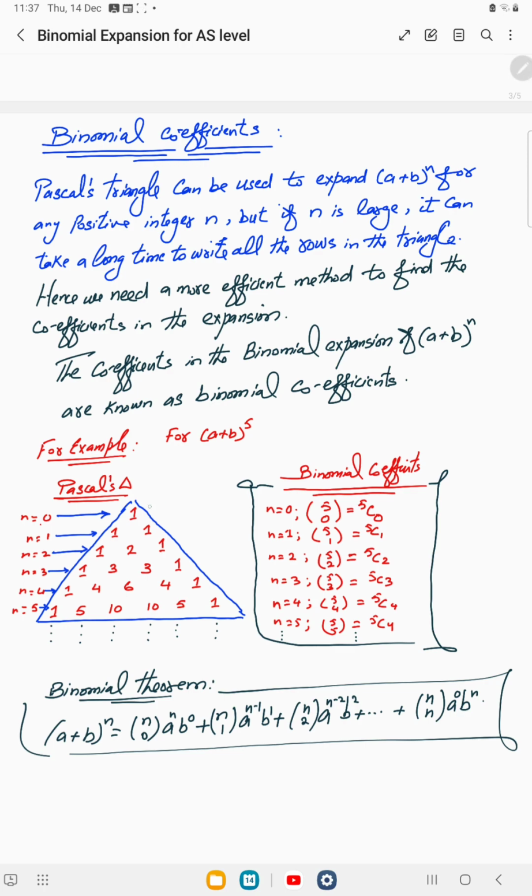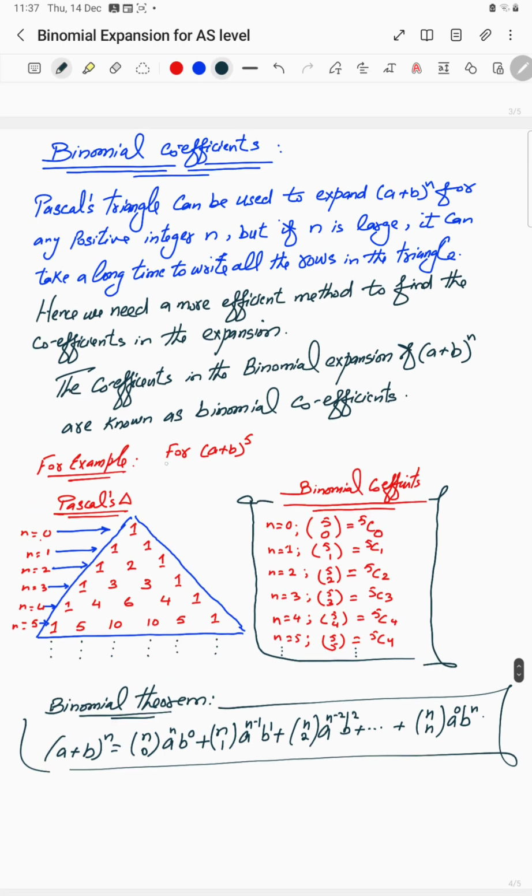We need to make a big triangle depending on the number of n. Therefore, we need a more efficient method to find the coefficients of the expansion, and that efficient method is known as the binomial coefficient method. Here I made a contrast between the Pascal triangle and the binomial coefficients.